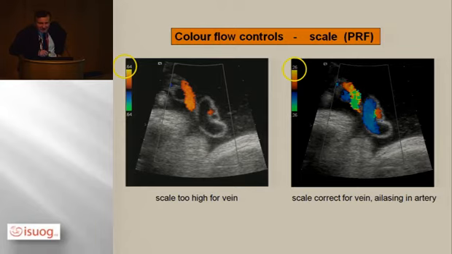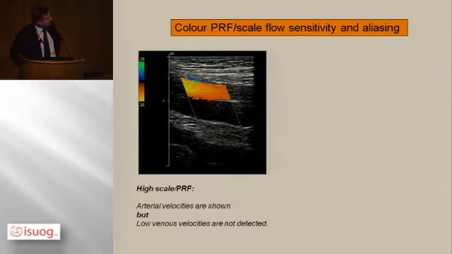The problem here is that you can see the vein nicely because these velocities are much more matched to vein velocities, but you've got aliasing, so you've got a multicolor effect there for the artery. So it's always a compromise, and certainly if you're looking at vascular beds where there's a combination of high and low velocity flow, no one setting is going to be perfect for either of that. So it's up to you to decide, and then you'll get the image you want.